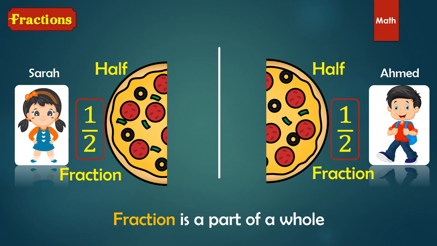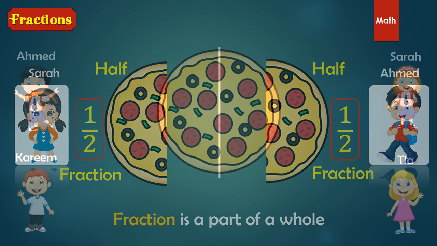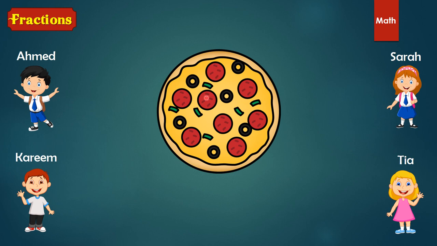Now let's take another example. What if we have the same pizza, but this time I want to share it between 4 children: Ahmed, Kareem, Sarah, and Tia. Now, how can I share this pizza between them?